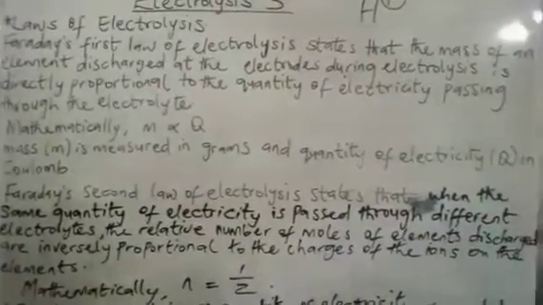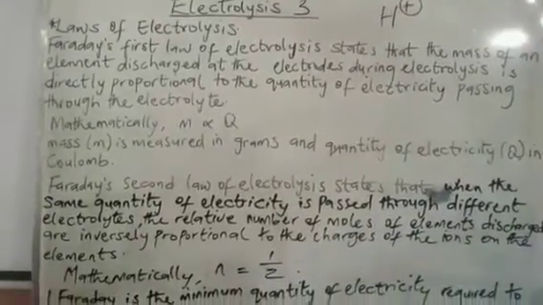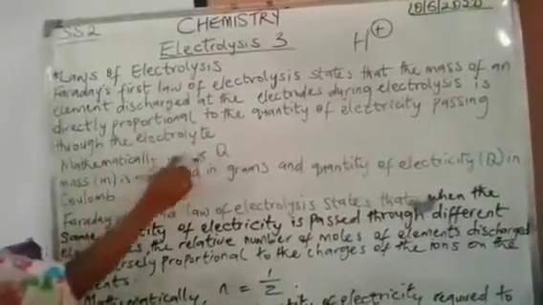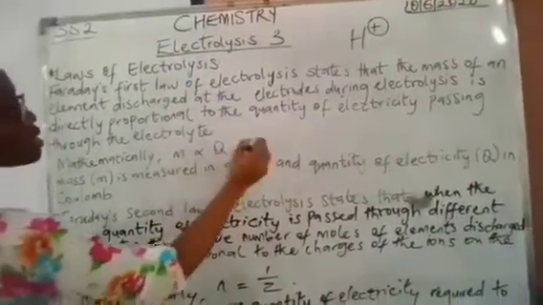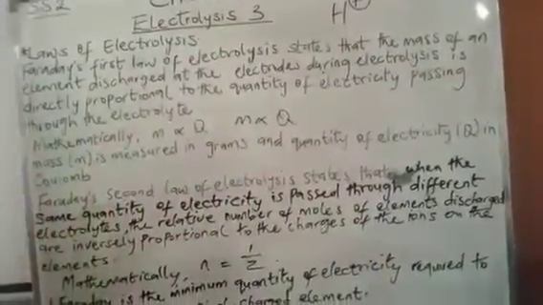And he discovered that the mass of the element, maybe it's the mass of copper or anything, that can be discharged at any of the electrodes during electrolysis is directly proportional to the quantity of electricity passing through that electrolyte. Mathematically, mass is directly proportional to the quantity of electricity. M directly proportional to Q.